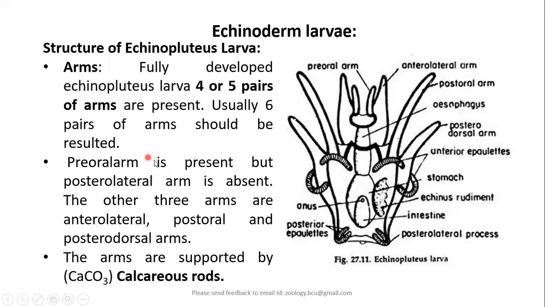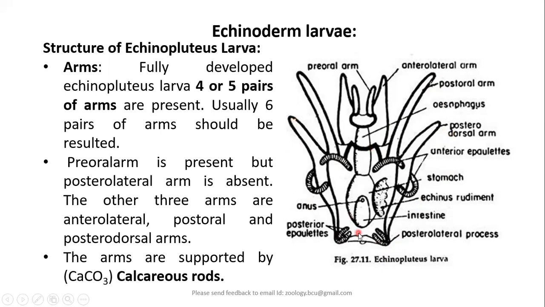But here, the pre-oral arm is also present. It is not reduced, unlike the Ophiopluteus larva. But the posterolateral arm is absent. You can see it is reduced here. The other 3 arms are anterolateral arms, postoral arms, and posterodorsal arms.